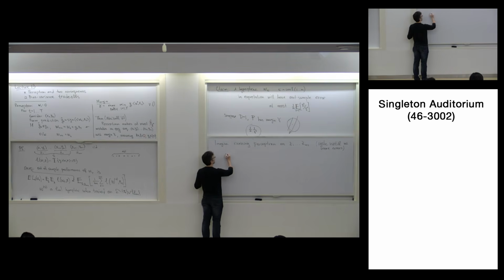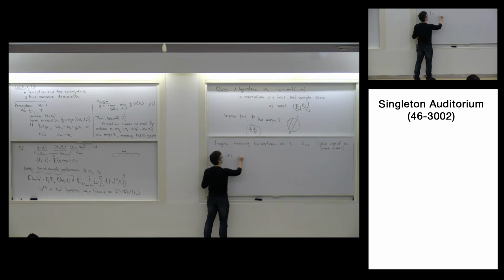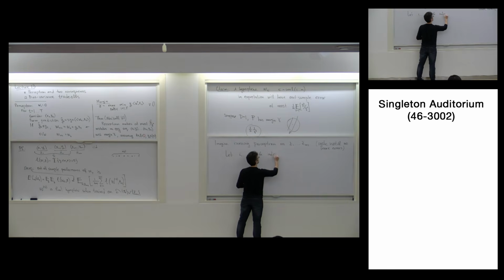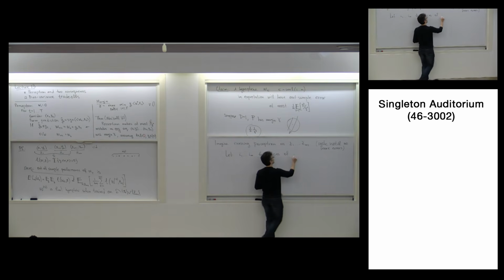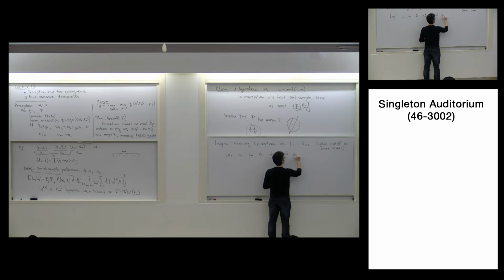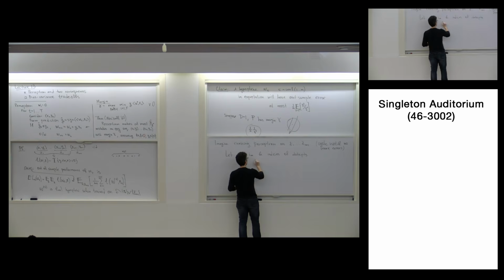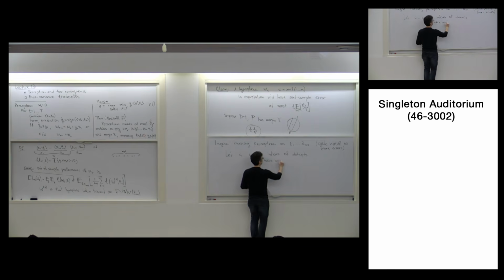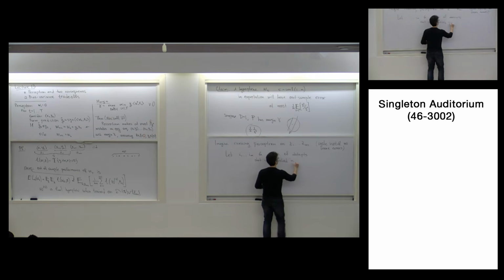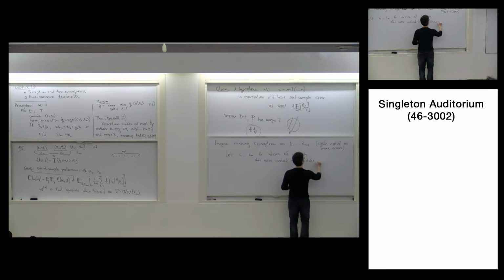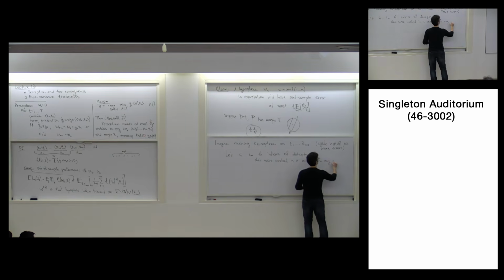So let I1 through IM be indices of data points that were involved in a mistake on any round.